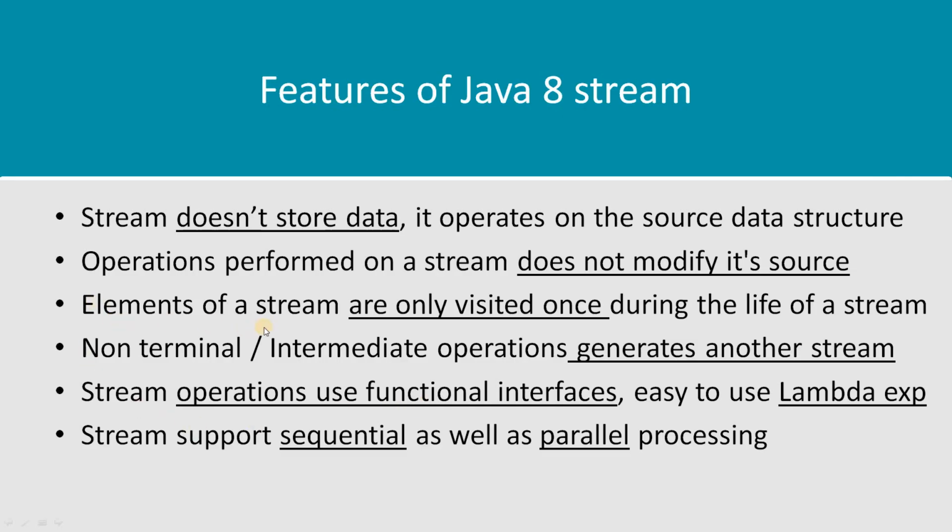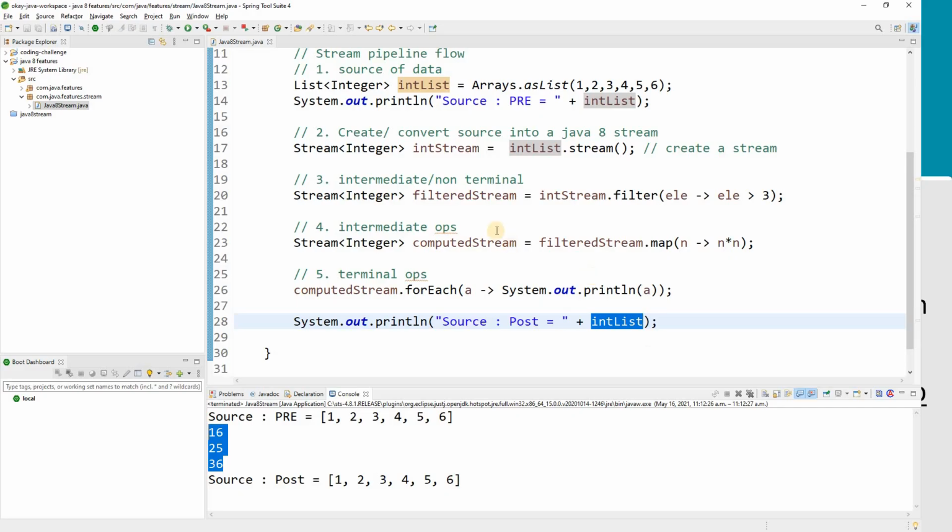Next, elements of a stream are only visited once during the life of a stream. So this is one of the very important points that you need to keep in mind, that you cannot apply multiple functions on the same stream. You can use your stream just once. You can apply only one operation to a stream. Let me explain how.